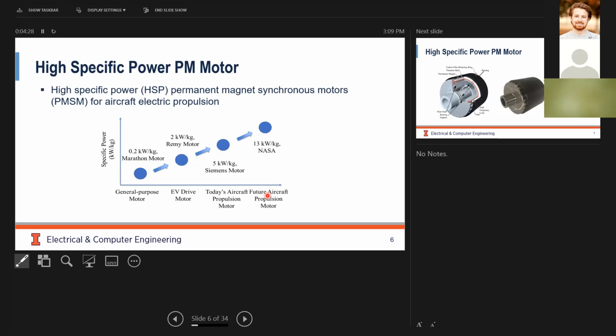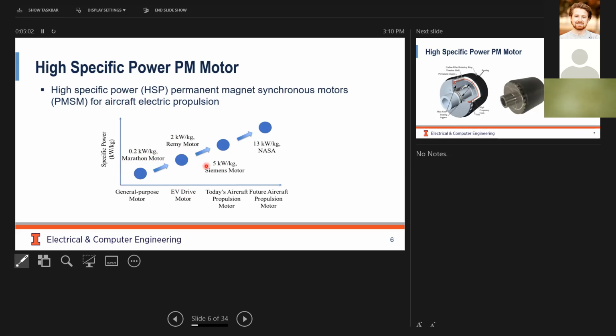If you look at the current state of the art, the machines' specific power haven't been able to reach that goal. In today's aircraft propulsion motors, like this Siemens motor, it's 5 kilowatt per kilogram. For other lower-level applications like general purpose or electric vehicles, it's 0.2 to 2 kilowatt per kilogram.